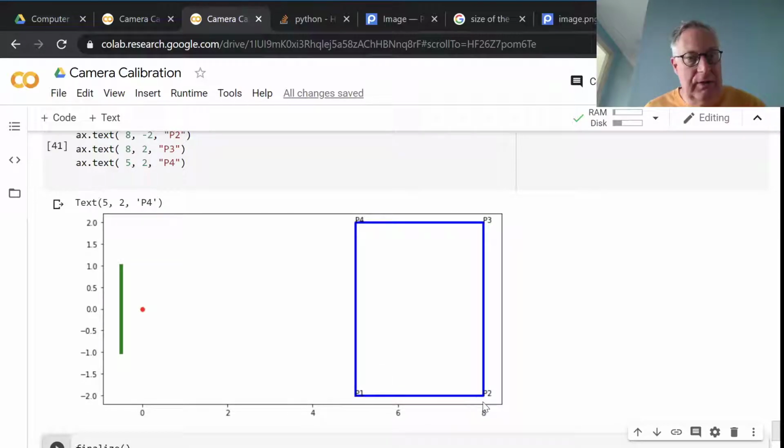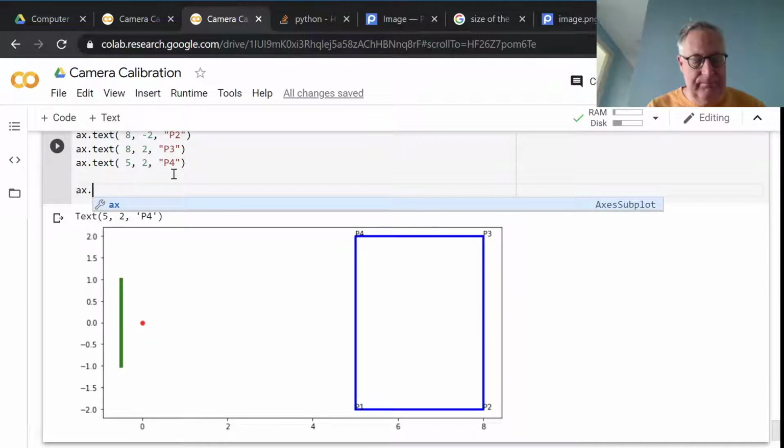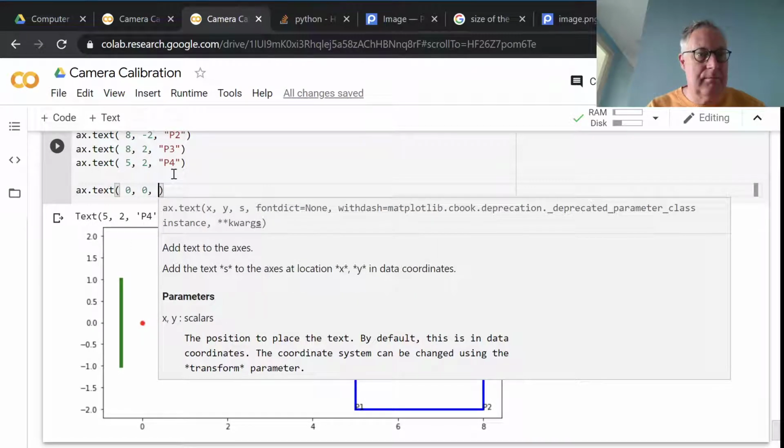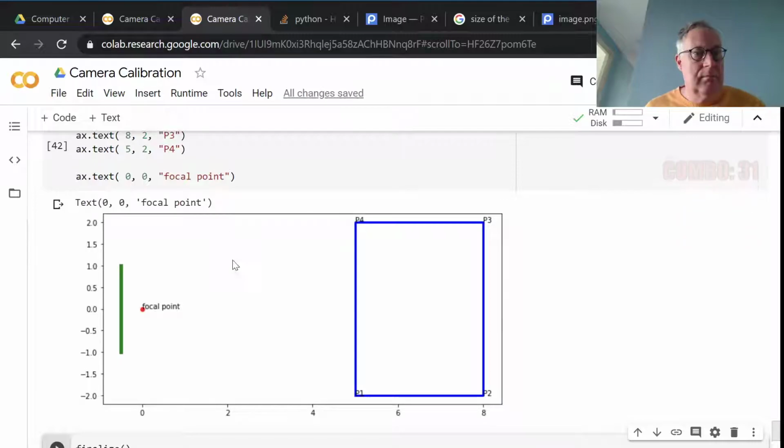So now we have P1, P2, P3, and P4. Our focal point, the pinhole, that's called the focal point of the camera system.